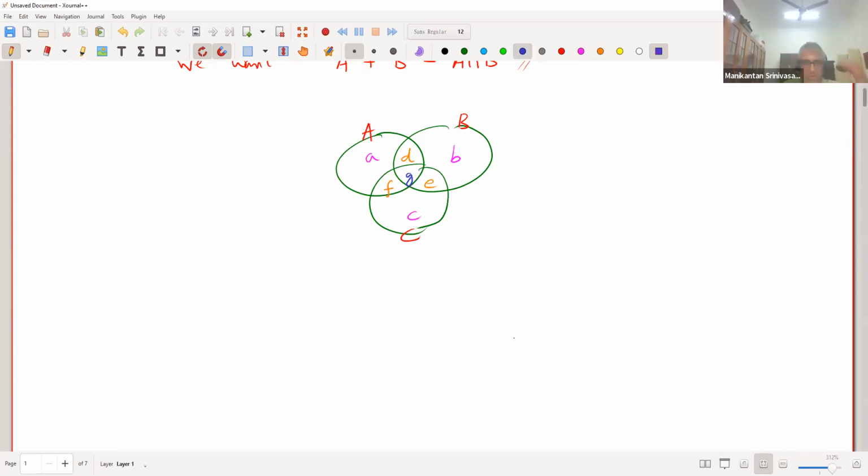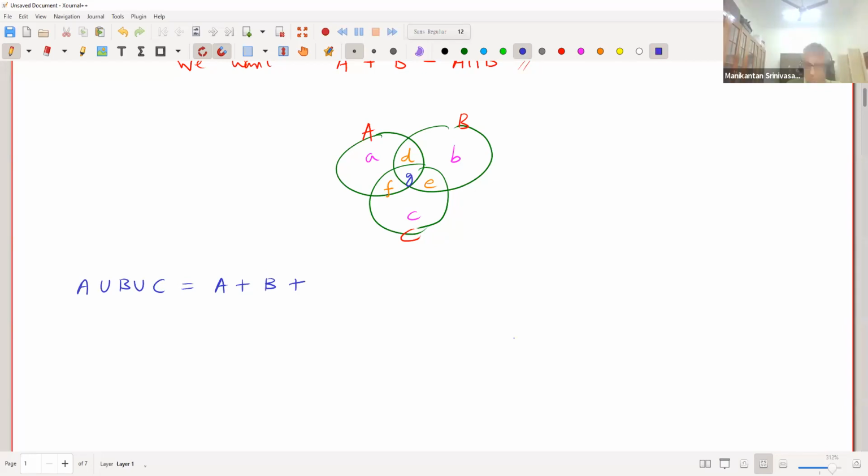Okay, so here also you have a formula for the number of elements of A union B union C. The number of elements in A union B union C would be A plus B plus C. Again, I'm writing it shorthand. You cannot add sets.